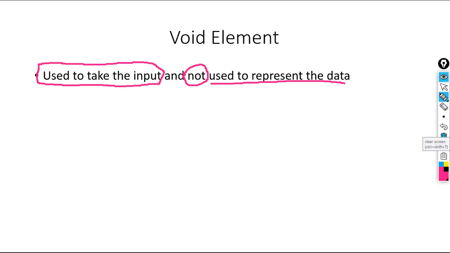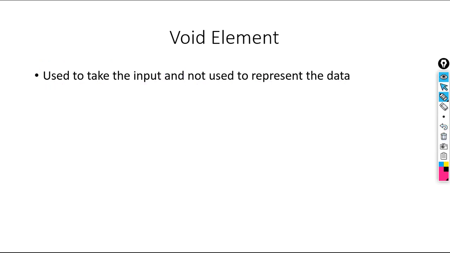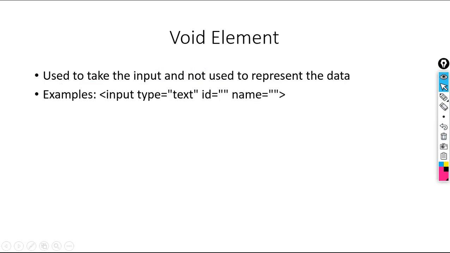Now let's understand with example. Here is one example. Input type is equals to text, name. This is one simple example. We need to put this element into form tag because input element is important part of form tag. That I will show you practically.